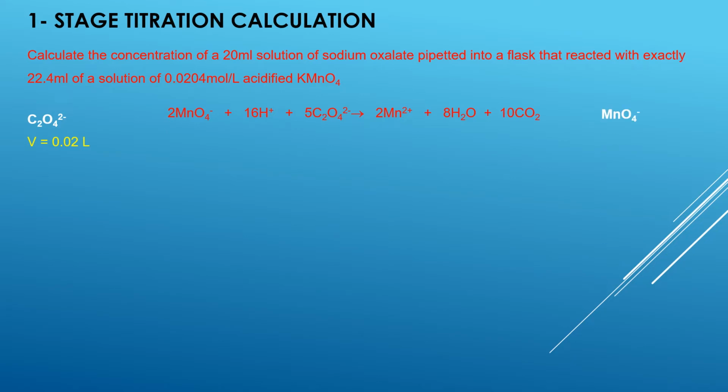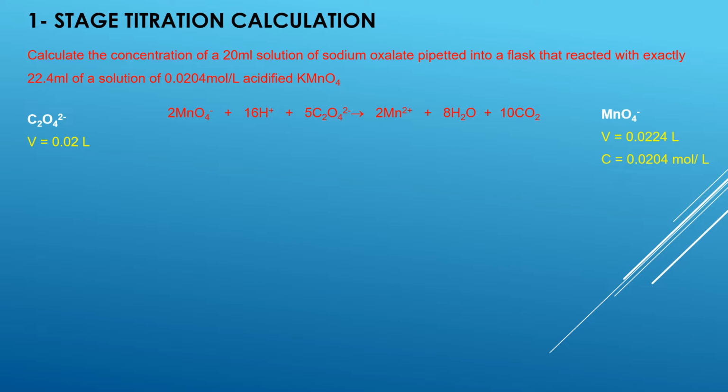For the permanganate ion, coming from the potassium permanganate, we know the volume, 0.0224 liters, and the concentration, 0.0204 moles per liter. Once this information is out, we can easily pick our standard solution. The standard solution is potassium permanganate because we know its concentration.